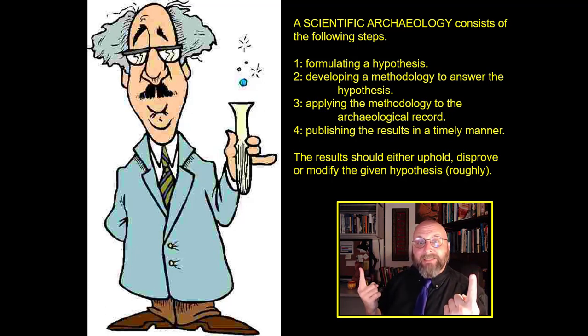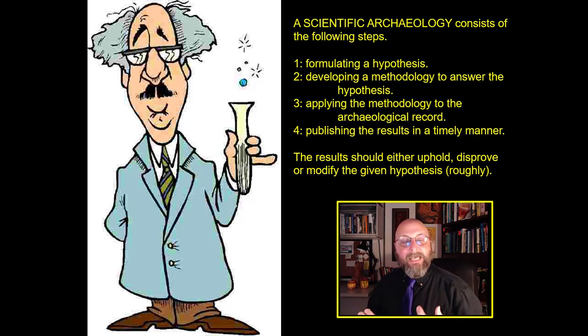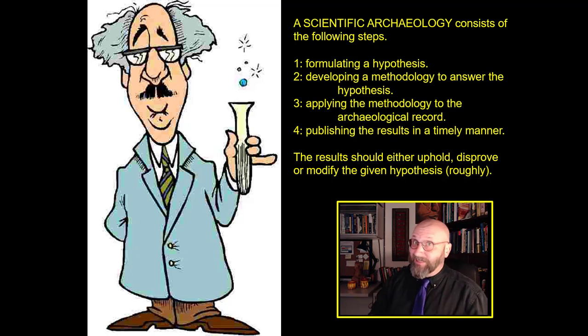Formulate multiple hypotheses, think about how you can prove, disprove, or modify these hypotheses, study the archaeological evidence I'm going to give you, and then publish the results, which is, that's the midterm. That's exactly what that is.